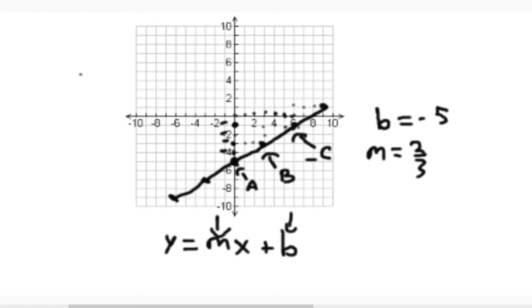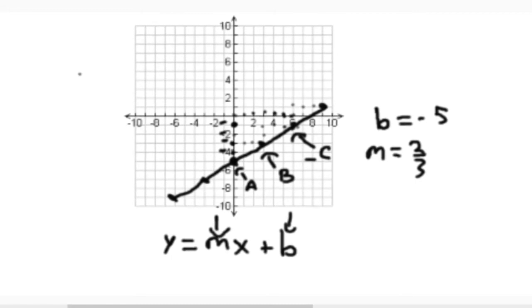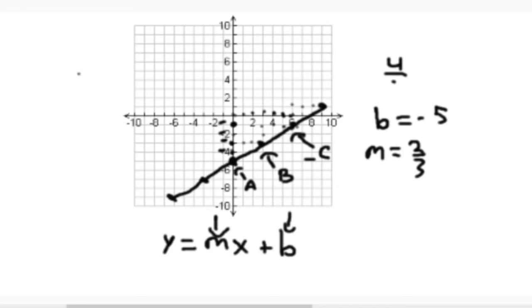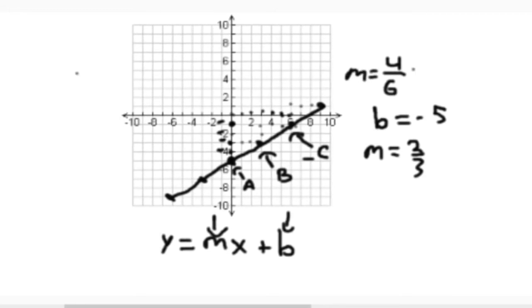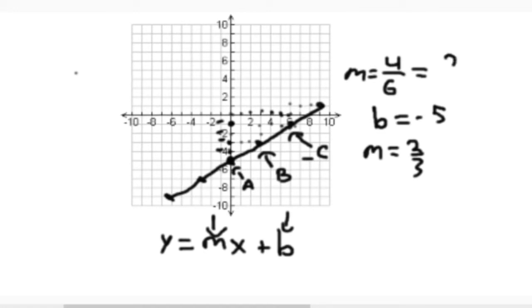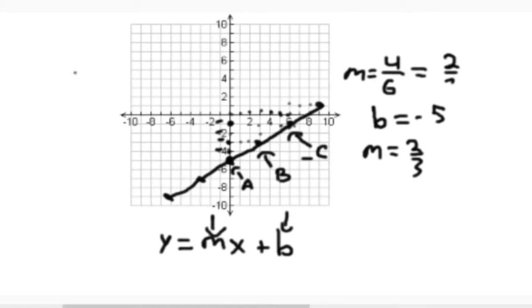So going from A to C, you need to rise 4 and run 6. And if you notice, this fraction simplifies to 2/3.